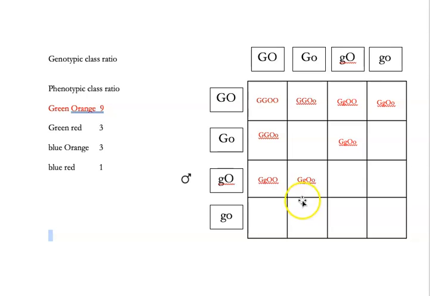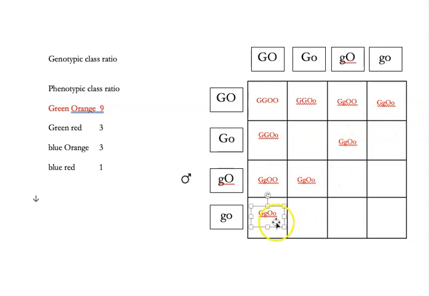I've kind of filled in my box here, and I've done some of it. What I want you to see is that for all of these particular matings, the person is always going to be green and orange in the end.